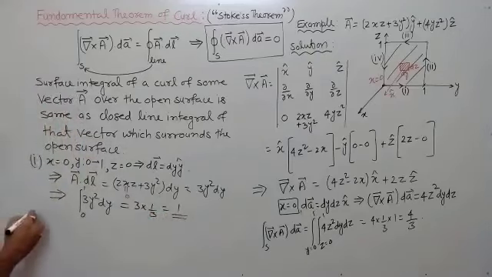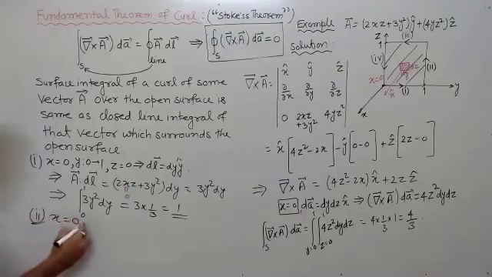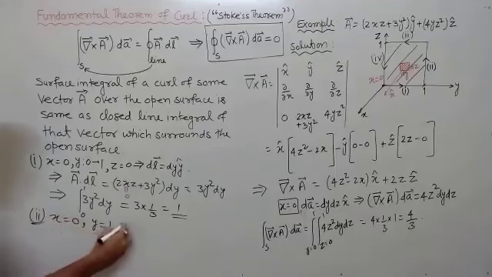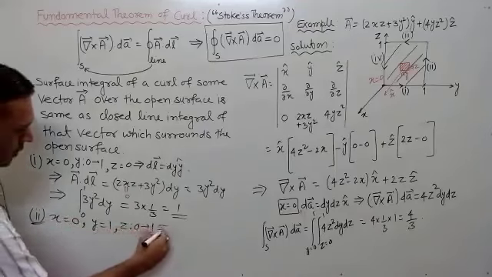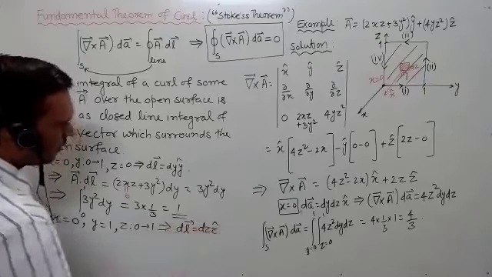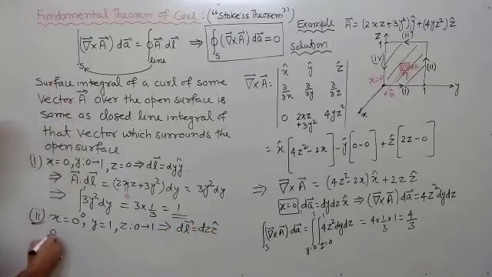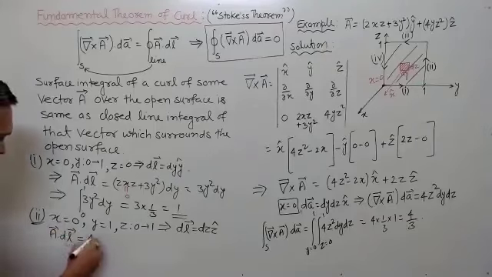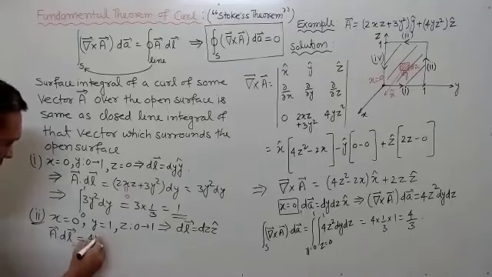Now segment 2. Let us calculate along segment 2. Again x is 0, x is always fixed, and y is 1. Now z varies from 0 to 1. So dl is dz z cap, and A dot dl will be 4yz square dz.